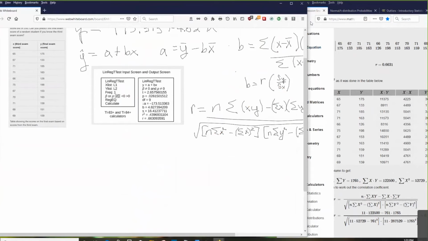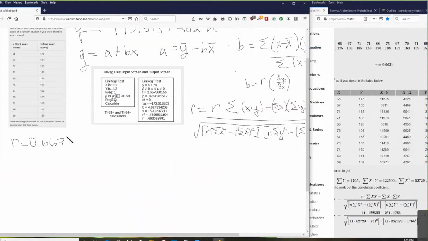Okay, so this is giving us a correlation coefficient of 0.6631 for our data using these 2 exams.